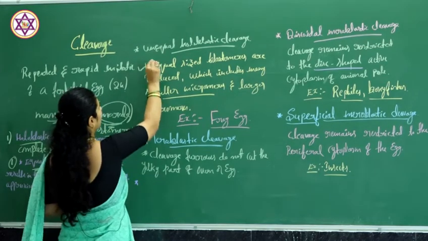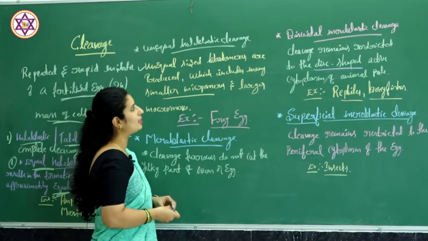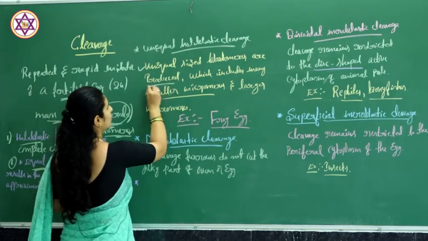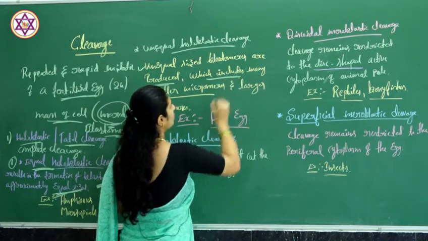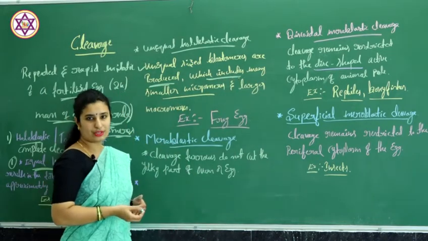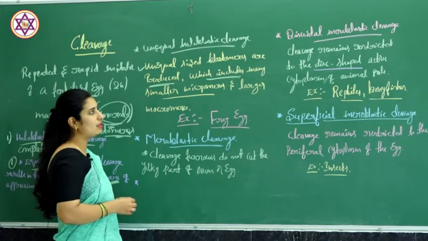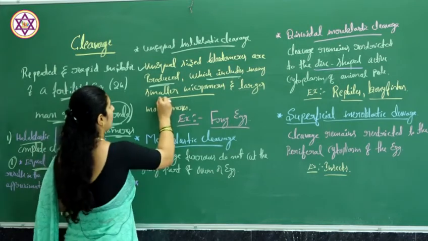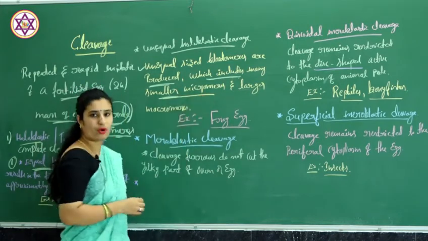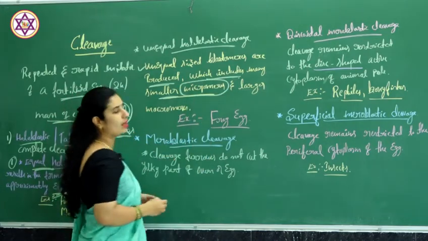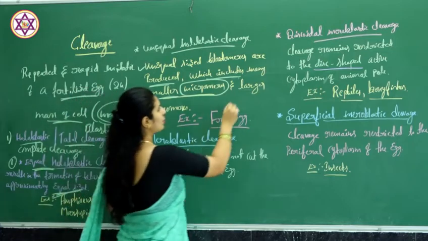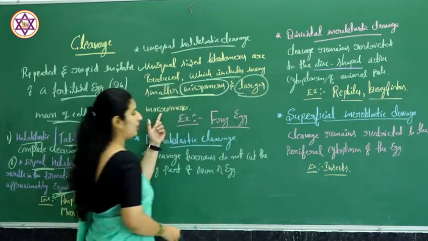Two types of blastomeres are produced: many smaller blastomeres, called micromeres, along with a few larger ones, the macromeres.